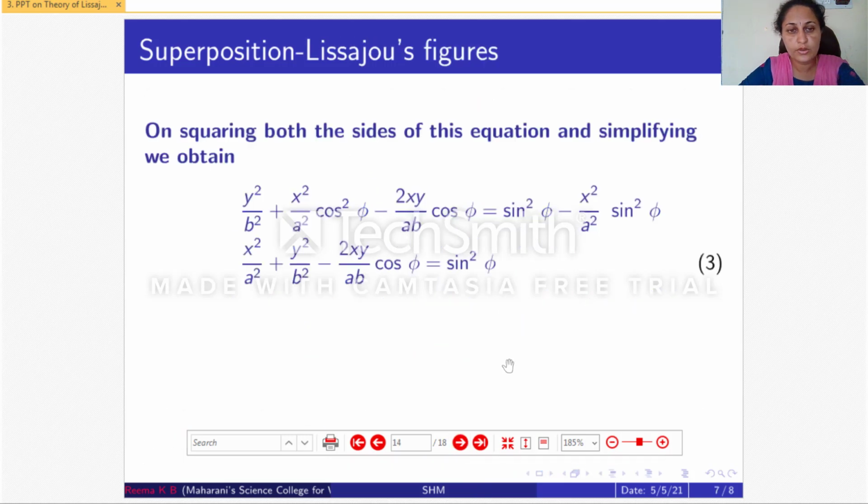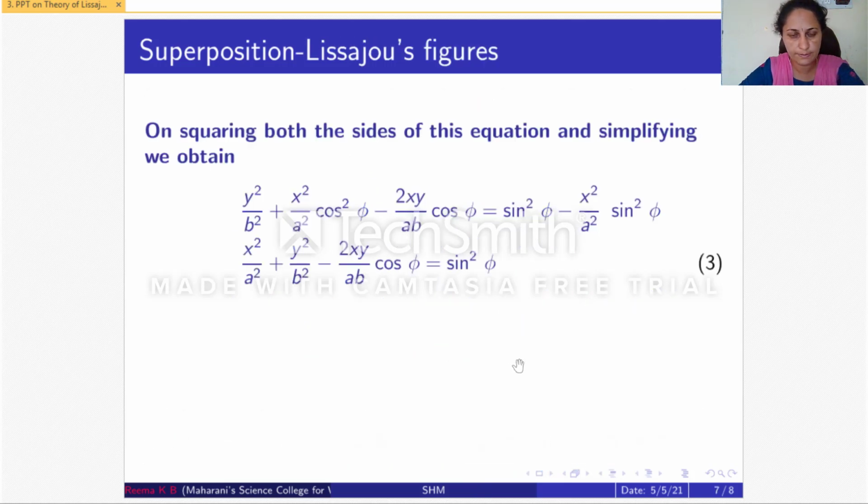On squaring both the sides of this equation and simplifying, we obtain y square divided by b square plus x square by a square times cos square phi minus 2xy by ab times cos phi is equal to sin square phi minus x square by a square times sin square phi.